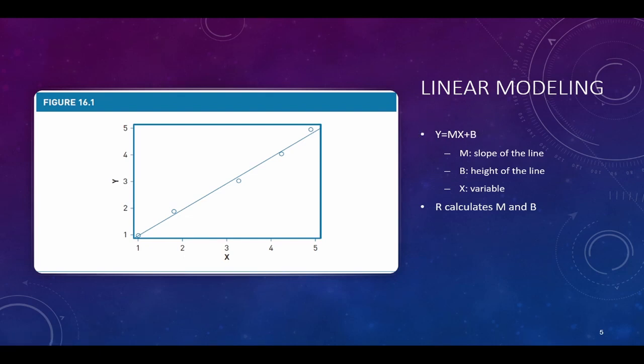M is going to be your slope, b is your y-intercept, or the height of the line, and x is your variable. Once you have that equation, you can predict values greater than 5 and things that are going to fall off this end, or even less than 1 and things that are going to fall off this one, if that's a possibility. Let's take a real-world example look of this modeling tool.